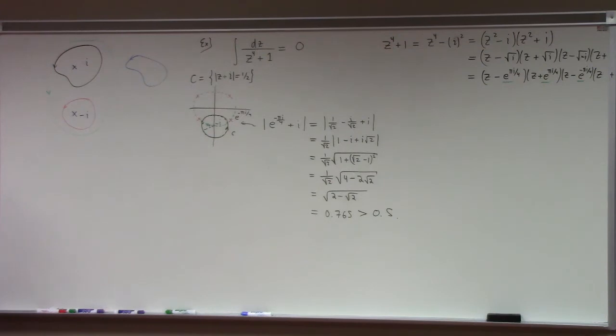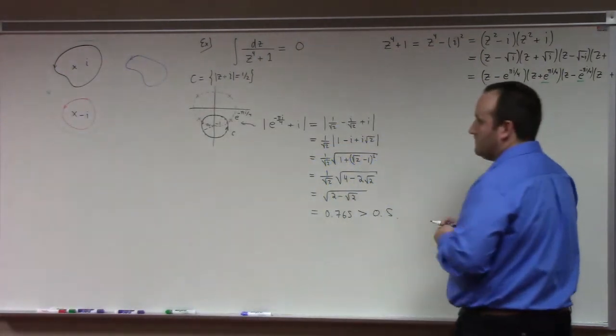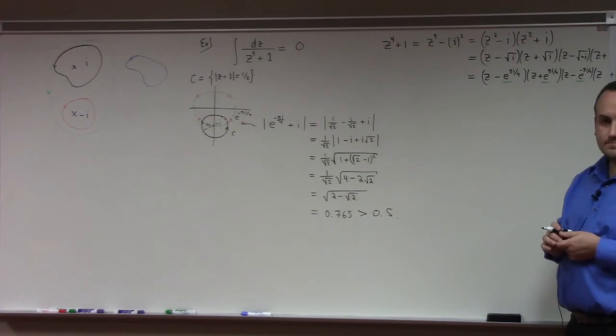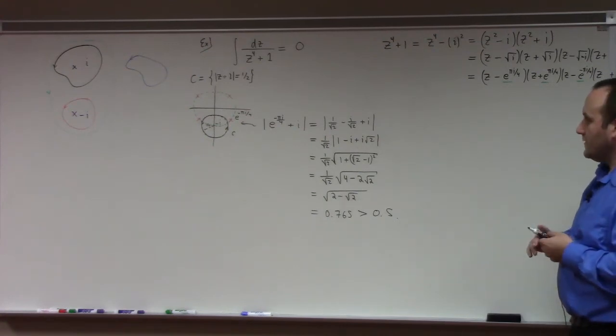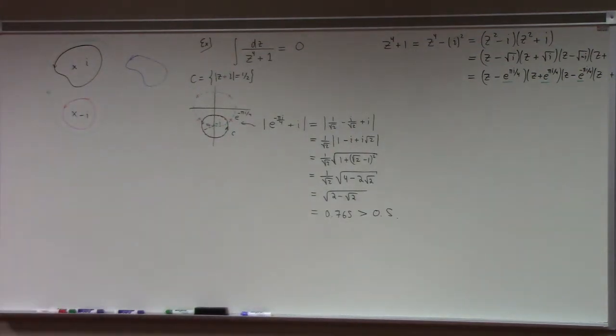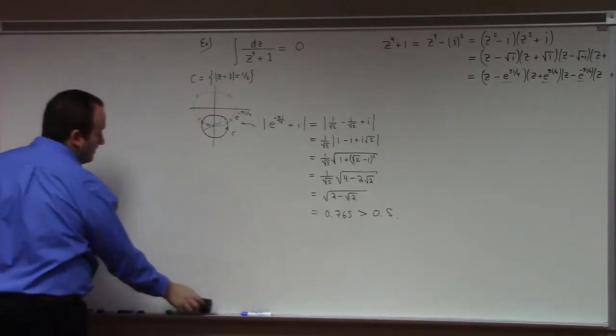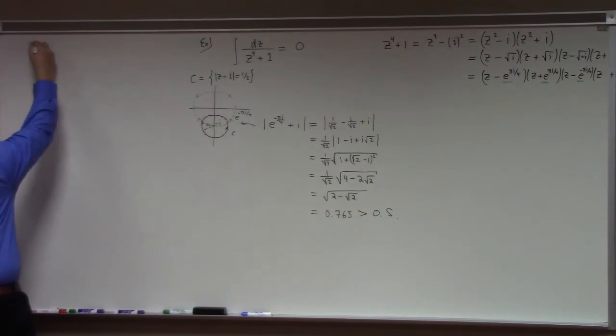What happens if we increase the radius of the circle to 1? What would happen then? Same function.